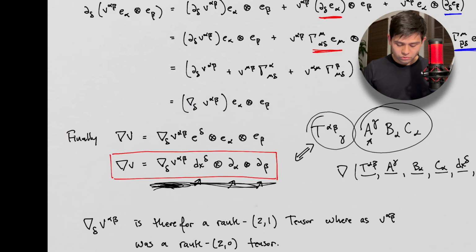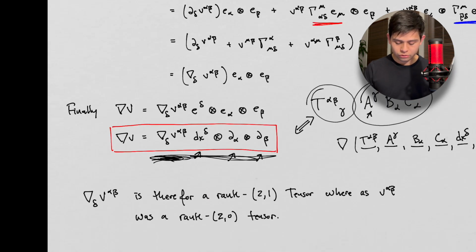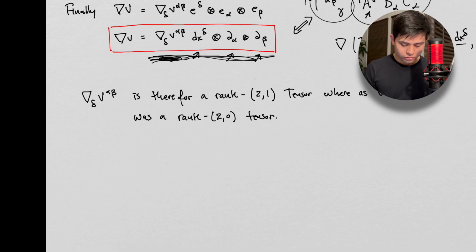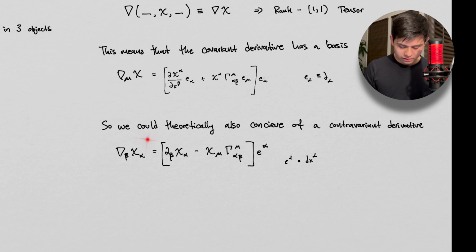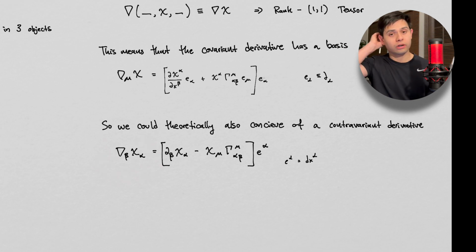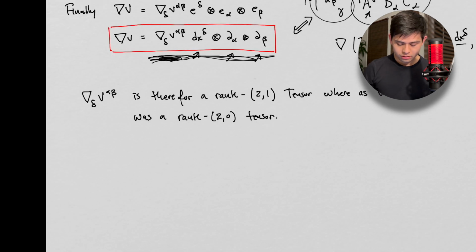But anyways, this was practice for a rank 2, 0 tensor. So this thing is therefore a rank 2, 1 tensor, where this was a rank 2, 0 tensor. So we've increased this value by 1. And you can imagine now doing this for, say, an object like this. Try practice for yourself and see what you get.